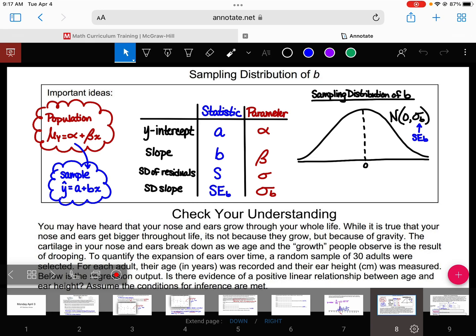We've seen this before on some of the homeworks, but I want you guys to go through, find the estimate for alpha, find the estimate for beta, find the estimate for sigma, and then give the standard error of the slope. And then I want you to interpret all of those values.